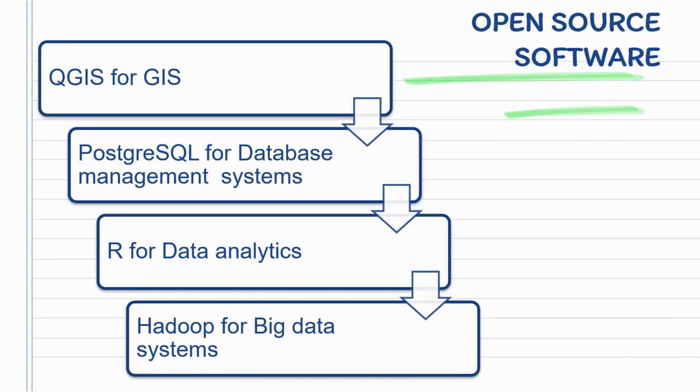One differentiating aspect of my course is that only open source software will be used. Quantum GIS for Geographic Information System, PostgreSQL, and PostGIS for Database Management System, R for Data Analytics, and Hadoop related solutions for big data systems.